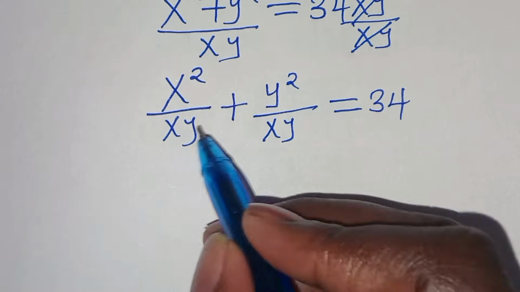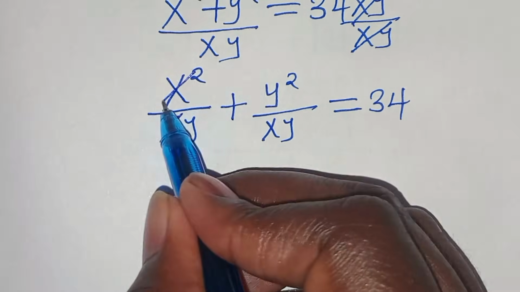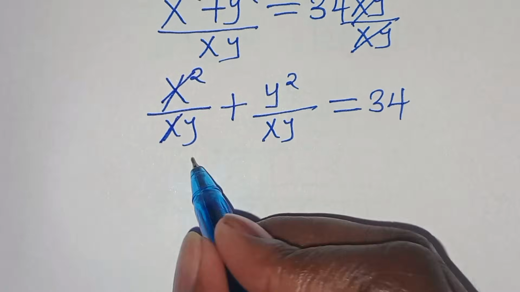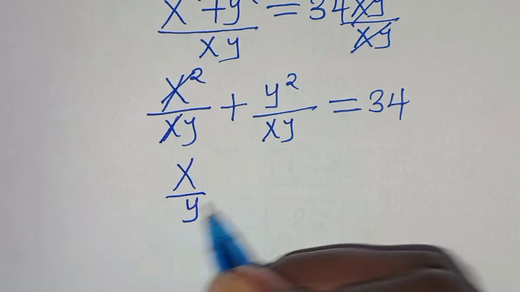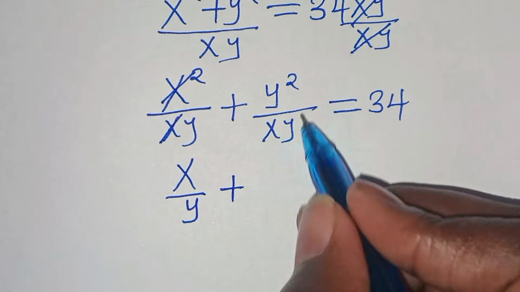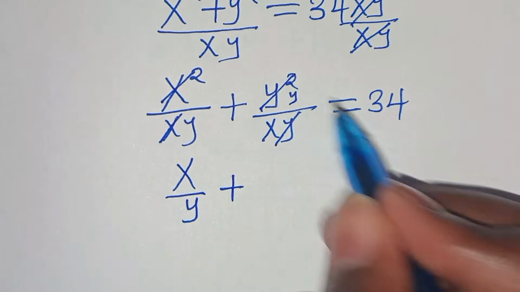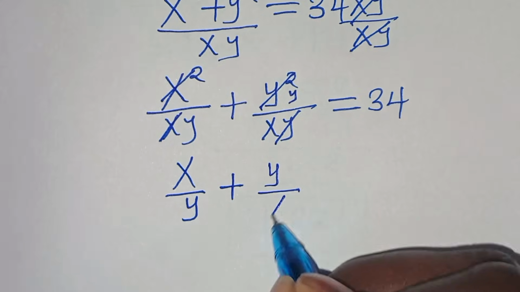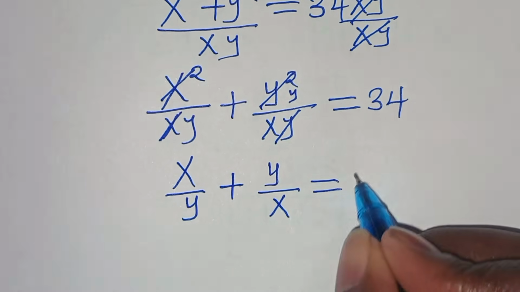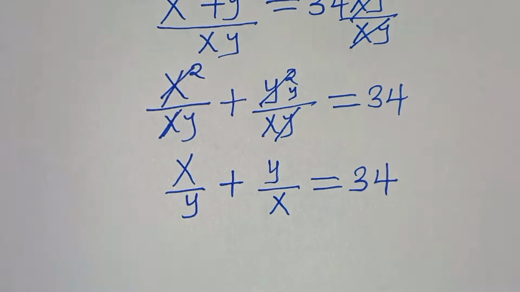Let's simplify here. We have x and x simplifies, so here we have x over y, then plus, y and y simplifies, so we have y over x, equal to 34.